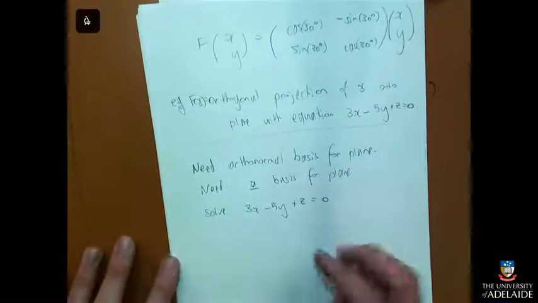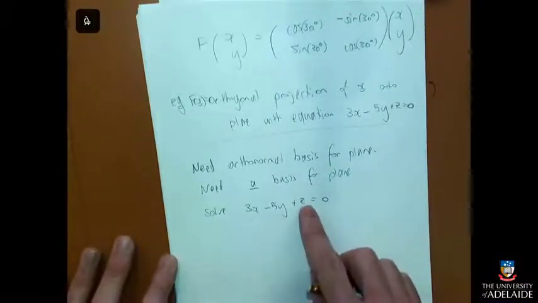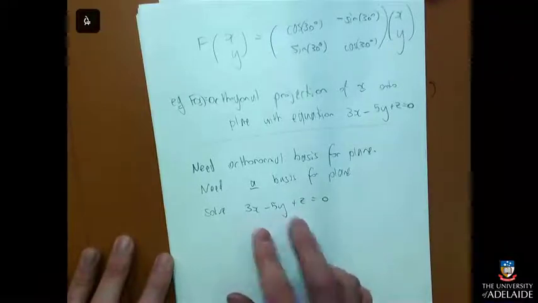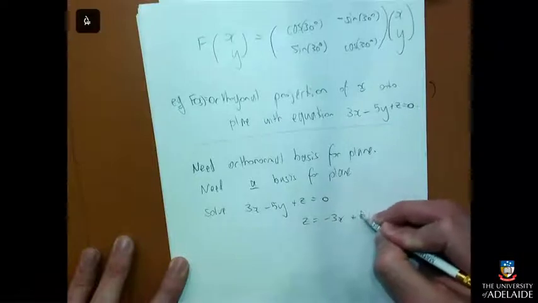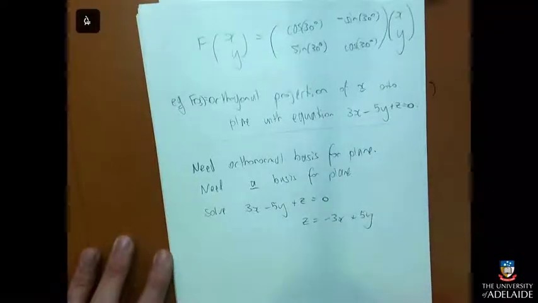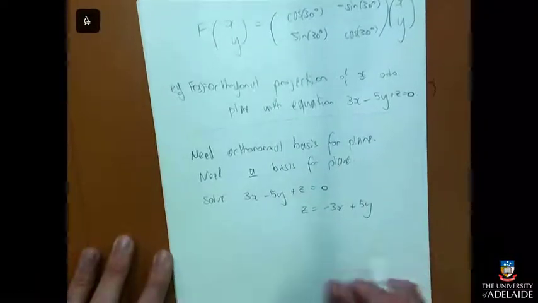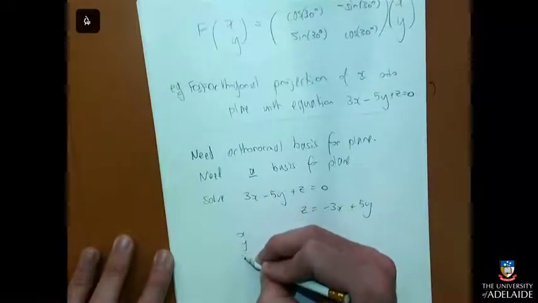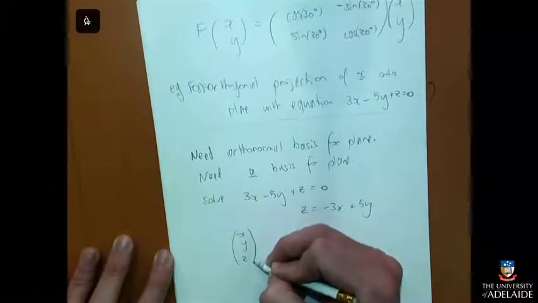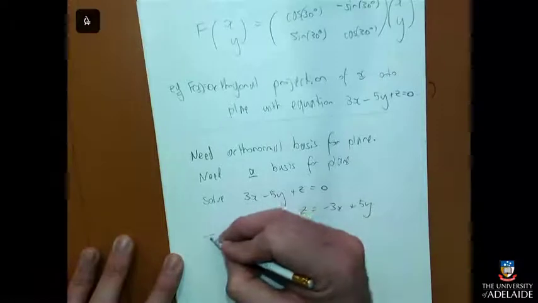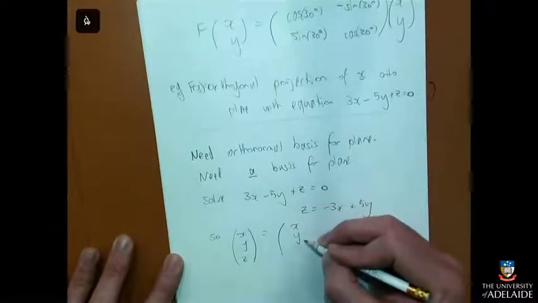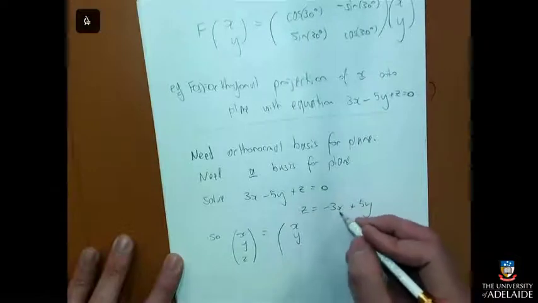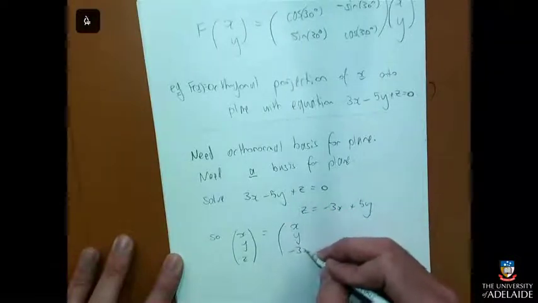I notice that this information tells me how to write the z coordinate in terms of the x coordinate and the y coordinate. Like that. Which means that if x, y, z is in the plane, then the x and y coordinates I don't know, but I can figure out the z coordinate from the other two.